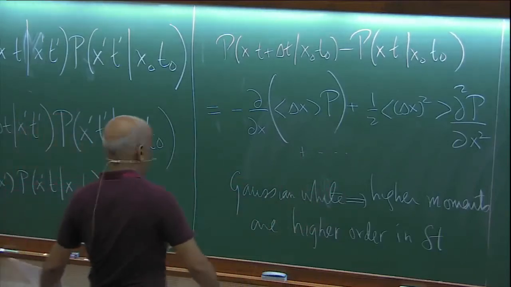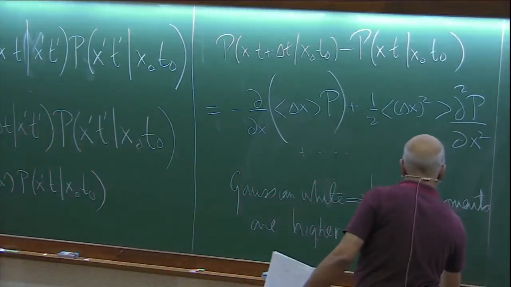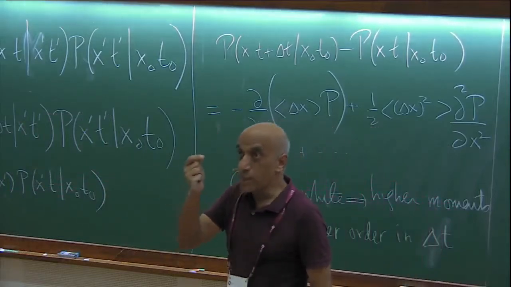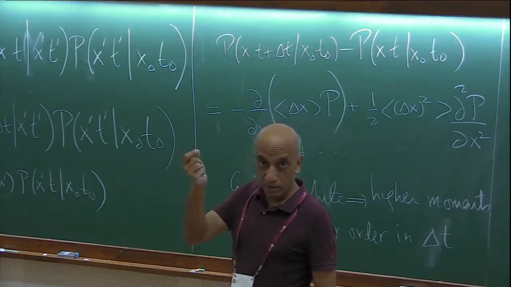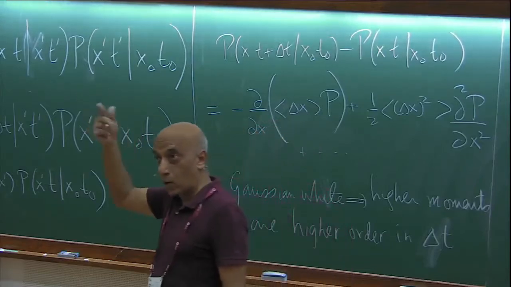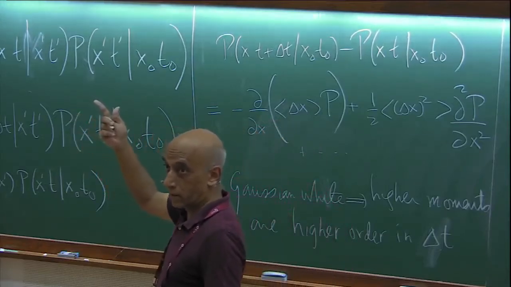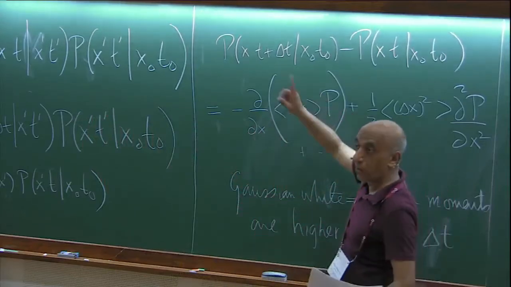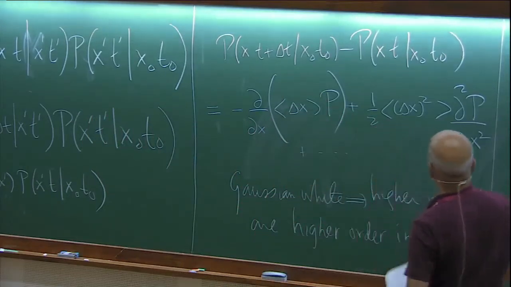I've been consistent in delta t. Right? Remember last time we saw average delta x squared was of order delta t, but because the noise is Gaussian, any higher order moments will be passed by that. Right? And therefore, when eventually I'm going to take delta t going to 0, I will not need to keep it. Right?